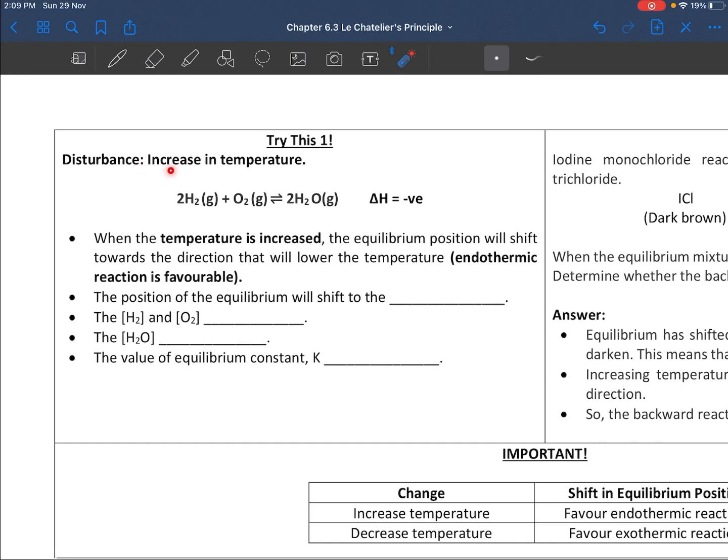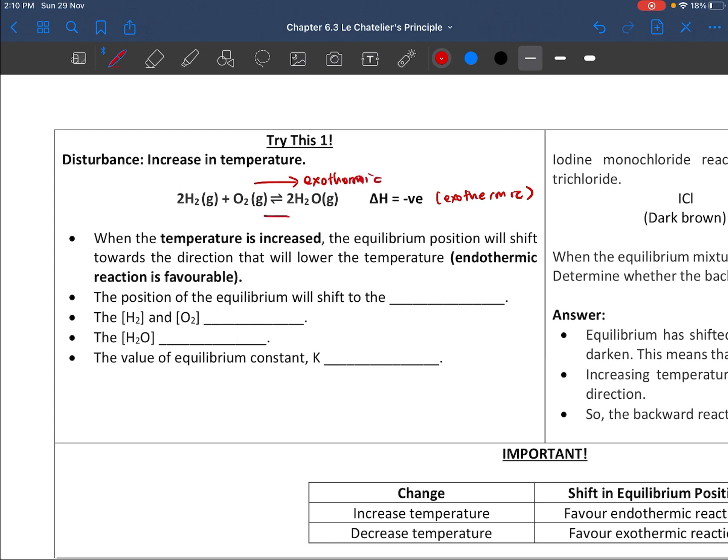So disturbance kali ni adalah increase in temperature and the equation is like this. Okay, so kali ni delta H dia negatif. Dia tak cakap lah delta H tu berapa nilai. Dia letak delta H negatif je. Okay, so ini pun sama lah. Kalau delta H negatif maksudnya exothermic reaction. Okay, so maksudnya forward reaction dia adalah exothermic.